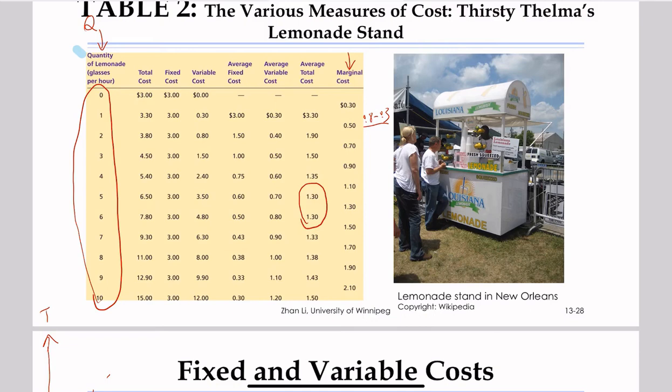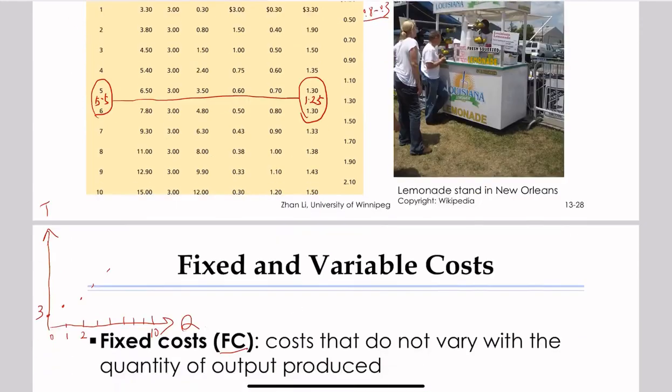You can see that the average total cost is around 1.3 when the quantity is 5 and 6. So possibly I would guess that at the quantity of 5.5, the average total cost is about, I guess, 2.5, right? So the efficient scale is about 5.5.